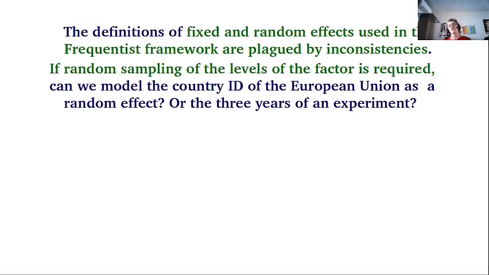Or the other case is when we model the 3 years, year 1, year 2, and year 3 of an experiment, as a random effect. Of course, these are not a random sample of anything. These are just the 3 years that lasted our experiment.